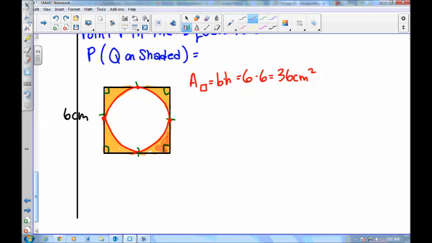Okay, are there other shapes here we can find the area of to help us solve the partial divided by the total? Yeah, the area of a circle. Who remembers that formula? Area of a circle. Okay, Danny? Circumference is different. That's just the outside.